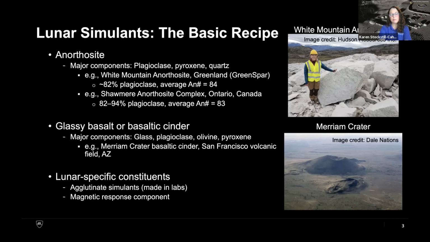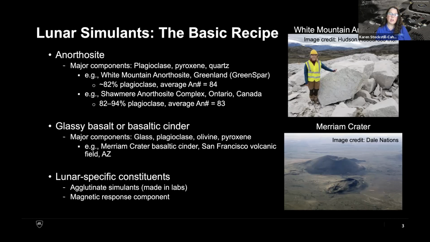There might be some other mineralogy present in minor amounts, but I'm not going to worry about that here. We will combine all that with glassy basalt or basaltic cinder. The major components are glass, plagioclase, olivine, and pyroxene. And an example of that is the Merriam Crater basaltic cinder. There's a picture of that in the bottom right. That's what JSC-1 is made of, and that's another popular source for the basaltic.